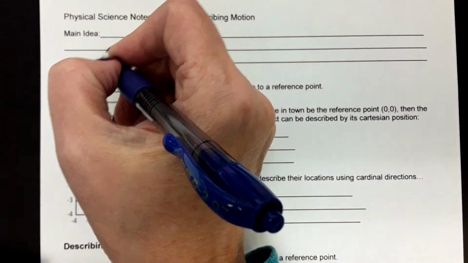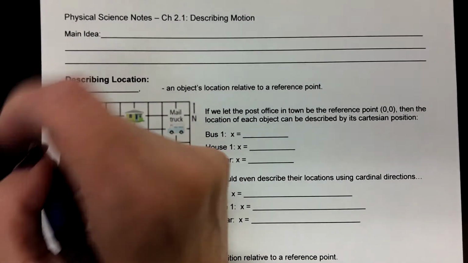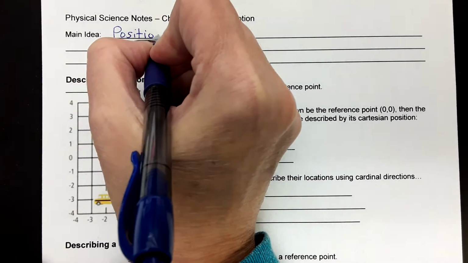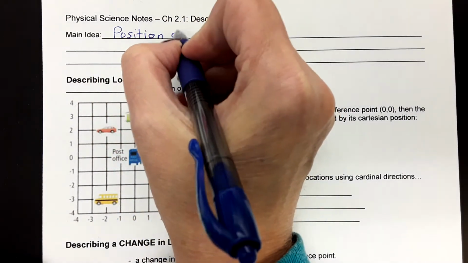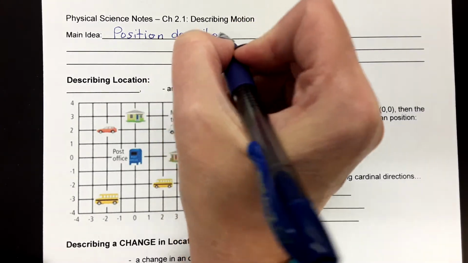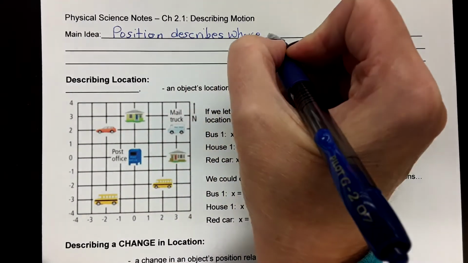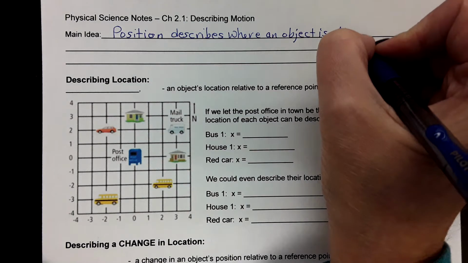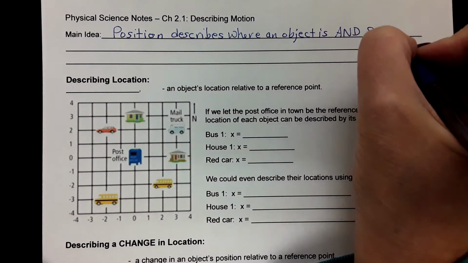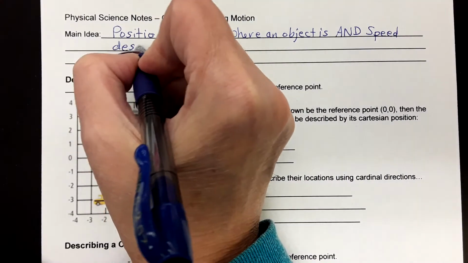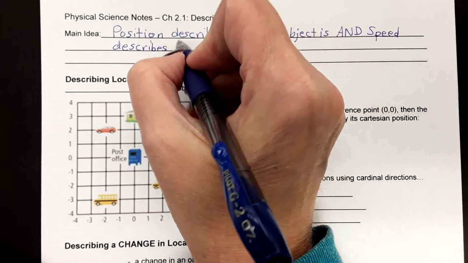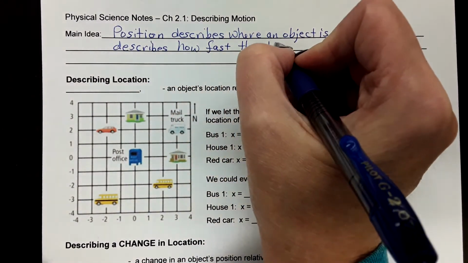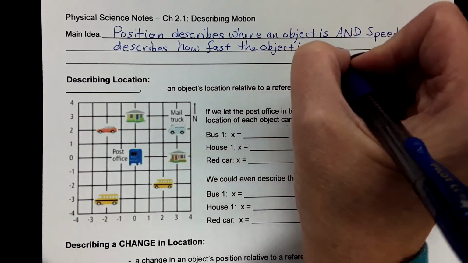Now, the main idea of this particular session is two-part. The first part is that position, that is your location, position describes where an object is, and speed describes how fast the object is moving.